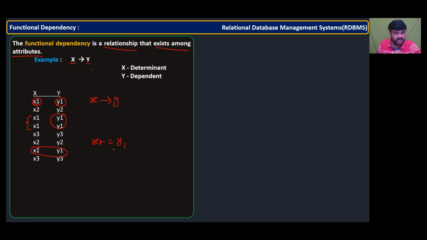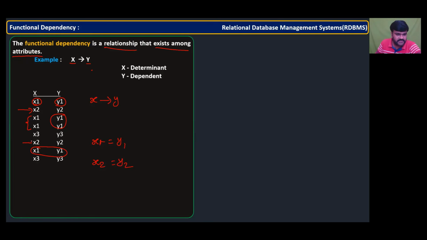And not just for this one value. For all other values of X, however many times they repeat, every time you must have the same value. If you observe such a relation, then you can put the relation between two attributes like this. For other values, X2 is deriving Y2 every time, is it or not?